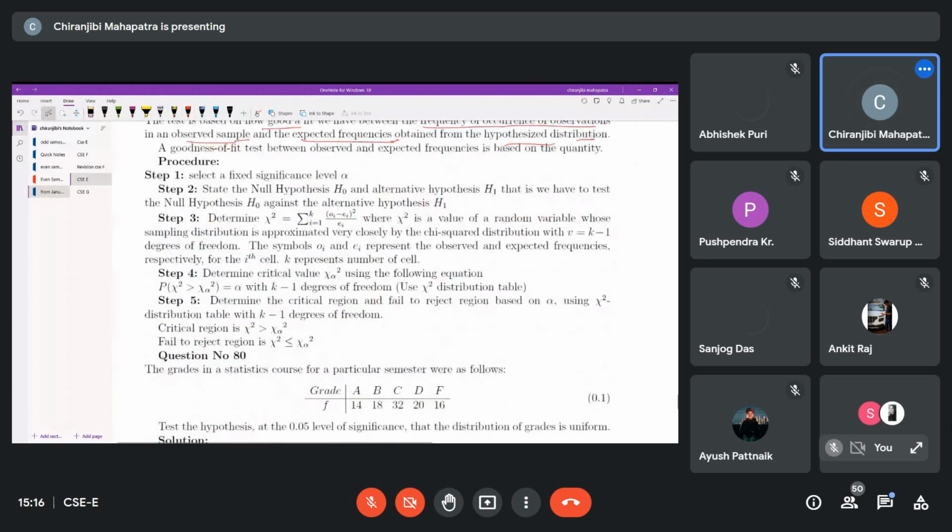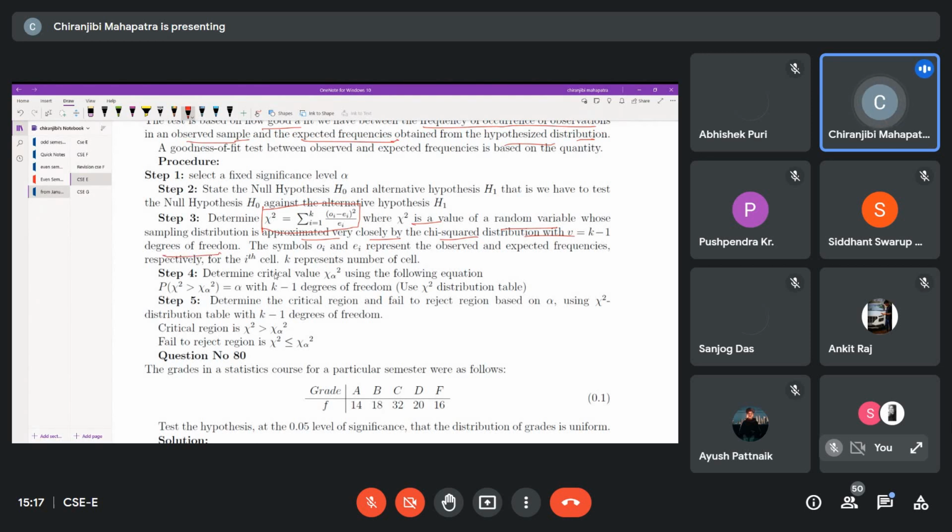The procedure is the same. Here only the test statistic is this one: chi-square equals the sum for i equals 1 to k of (OI minus EI) whole square divided by EI, where chi-square is a value of a random variable whose sampling distribution is approximated very closely by the chi-square distribution with v equals k minus 1 degrees of freedom.